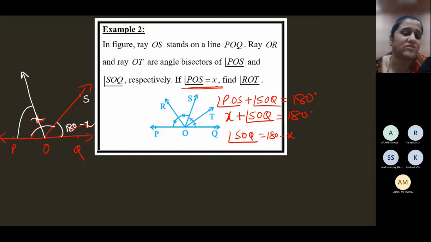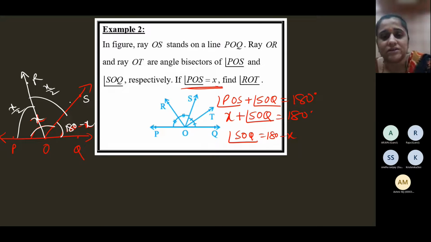That means this one is X by 2 and this one is X by 2, because POS is X. OR bisects angle POS, so angle POS is divided into two equal angles, X by 2, X by 2. POR is equal to ROS.